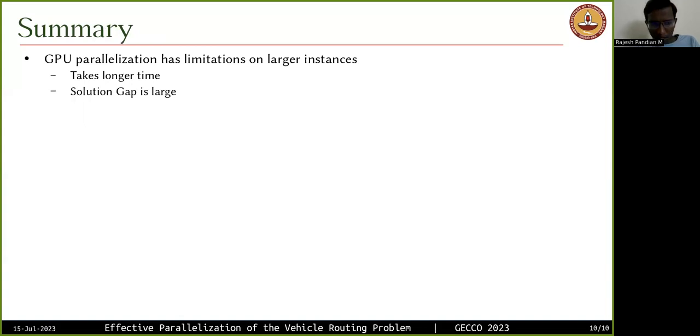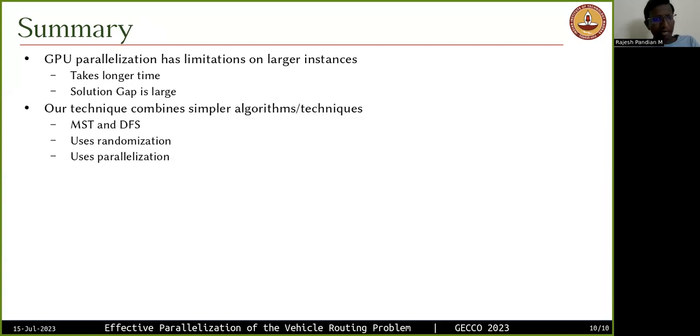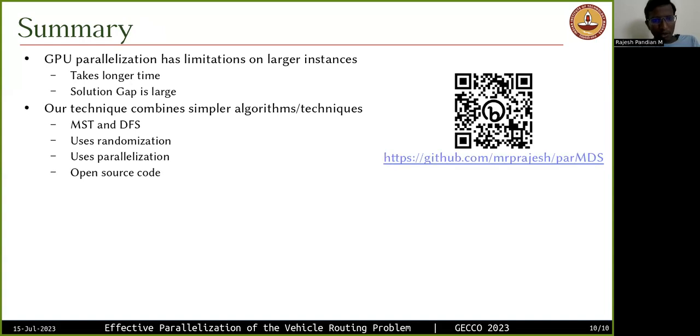It was taking larger time and had a larger solution gap, but our techniques resolved all these limitations by using simpler algorithms or techniques such as MST and DFS, and by using parallelization and randomization to great benefit to achieve this great speedup. Our code is open source and can be found at this GitHub link.